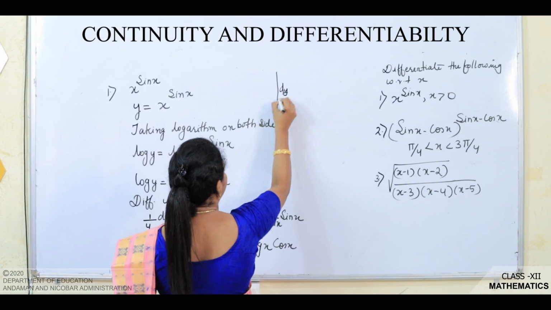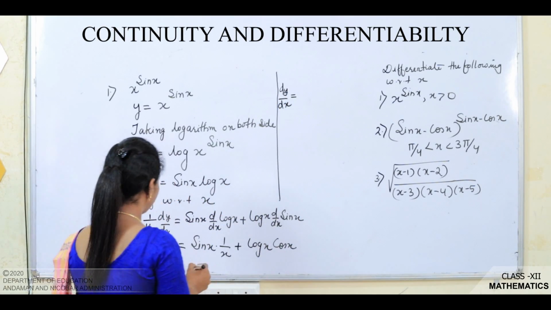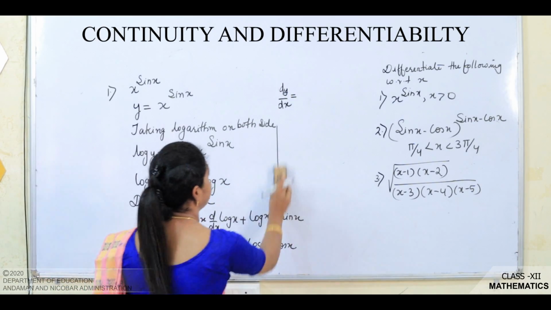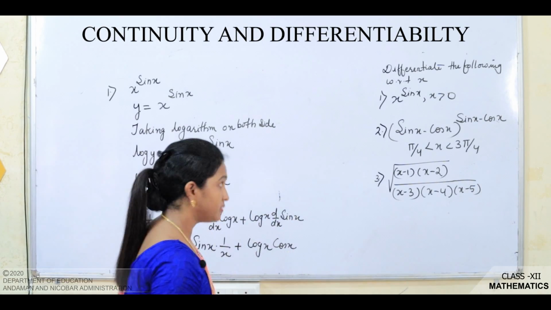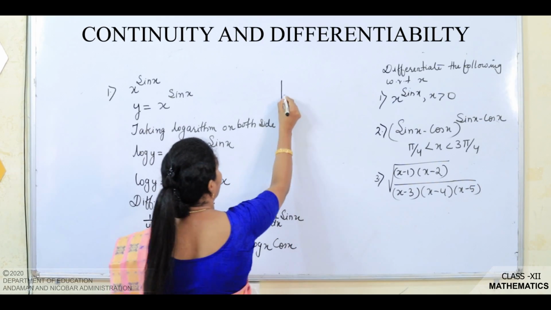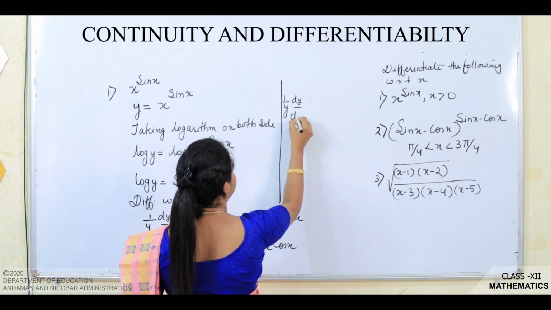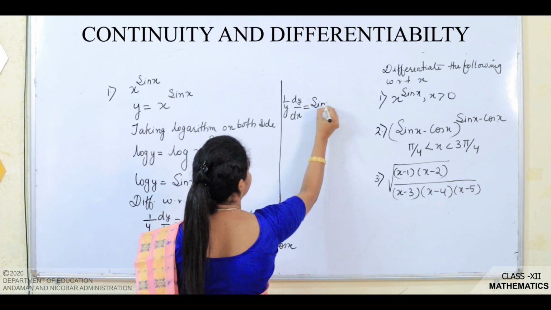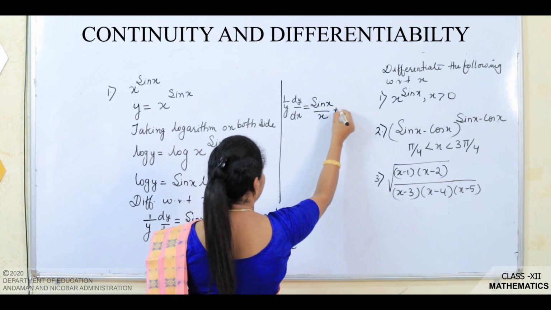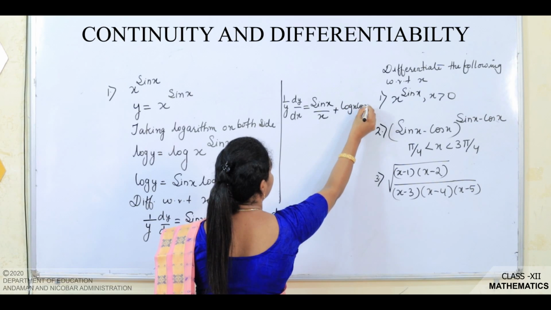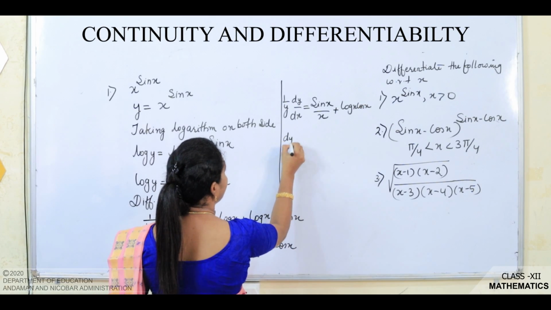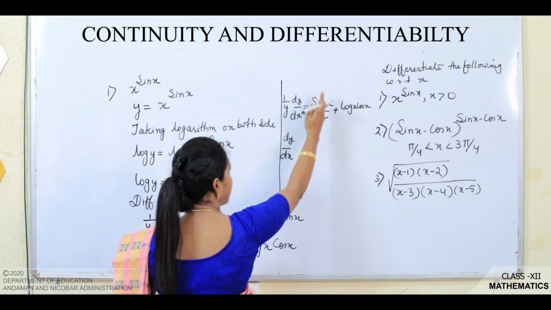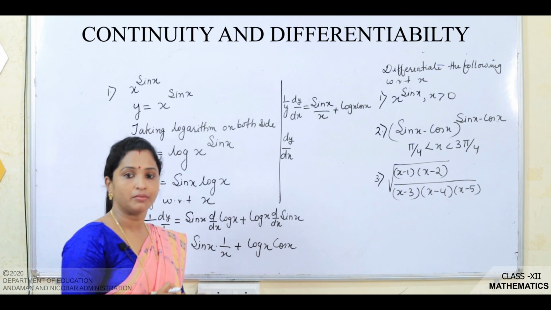So dy by dx is equal to, here 1 by y is also there, okay, so we can write down here 1 by y dy by dx is equal to sin x by x plus log x into cos x, okay. Now what you will do, you have to find the derivative. So this y you will take to the other side and this whole term gets multiplied with it.